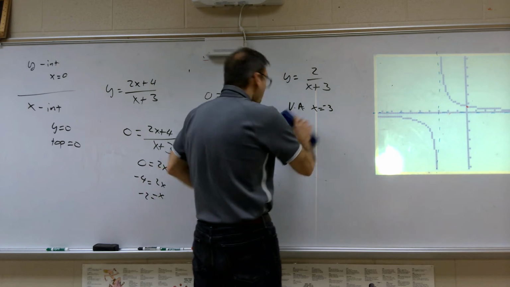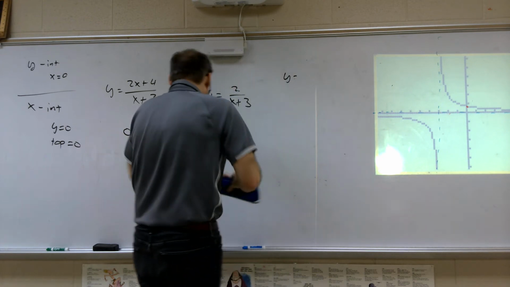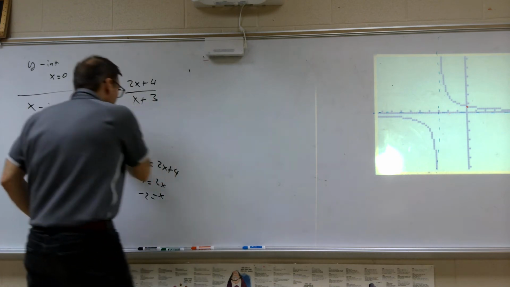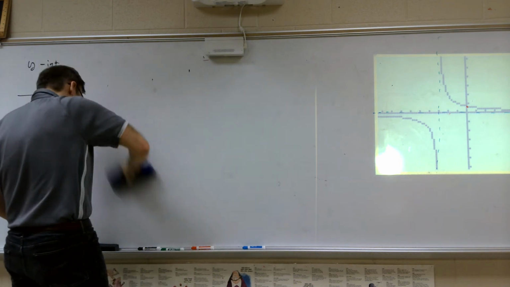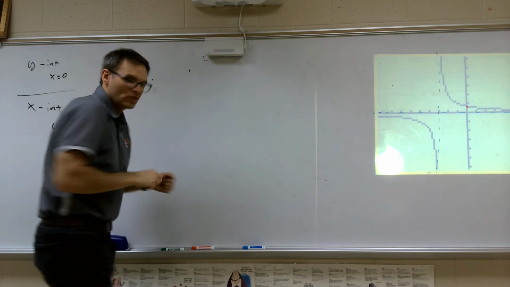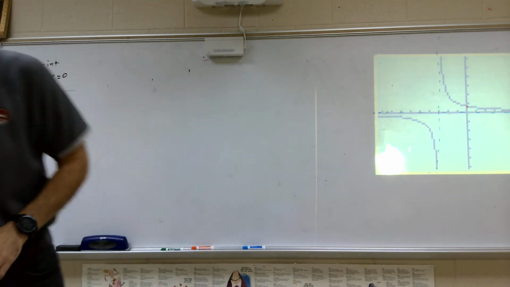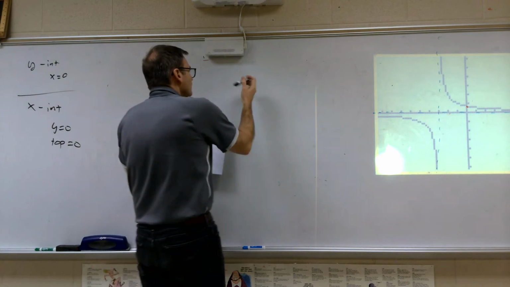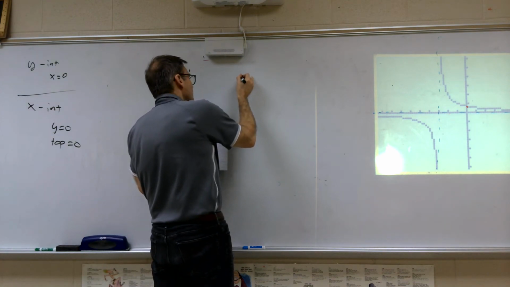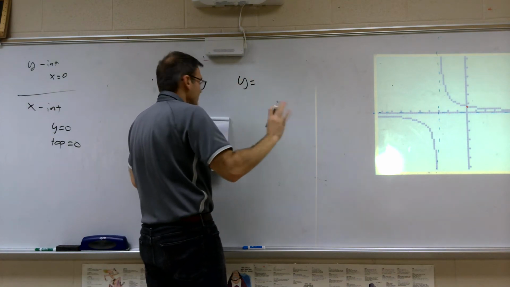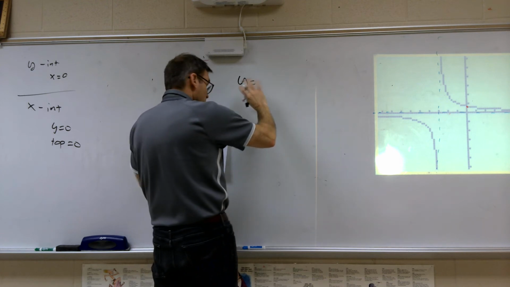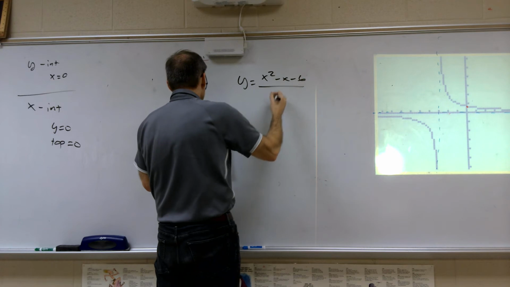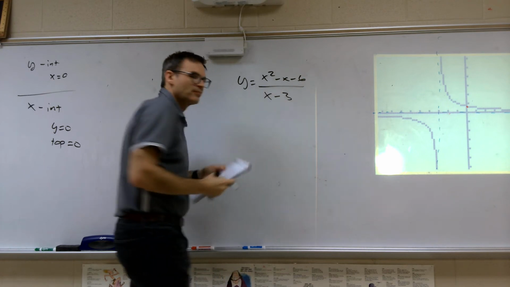The way we're going to talk about that weird thing is with a certain example. Here's my little example, and you don't need to write this down. In fact, I would. That's x squared minus x minus 6 over x minus 3.